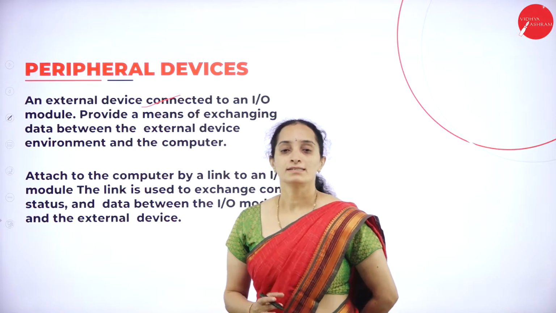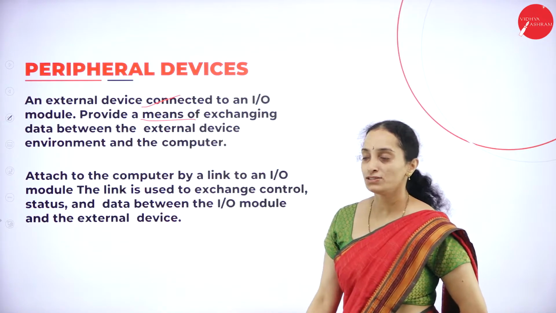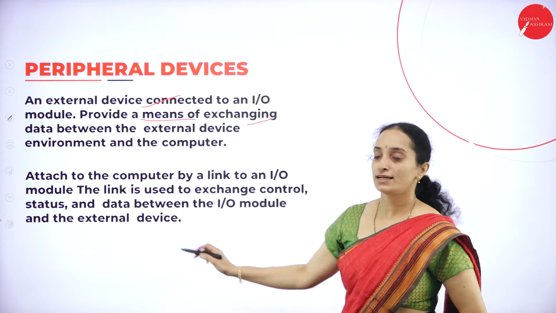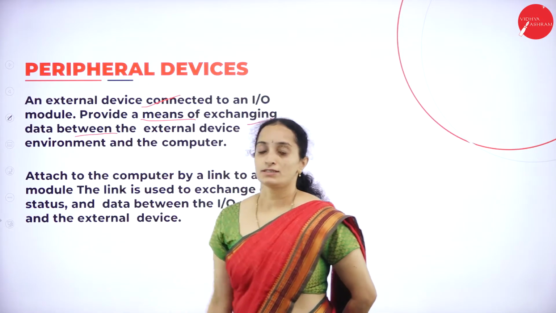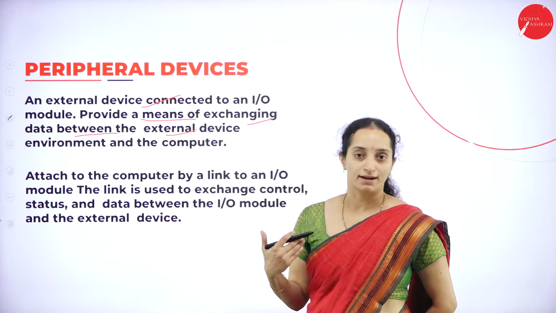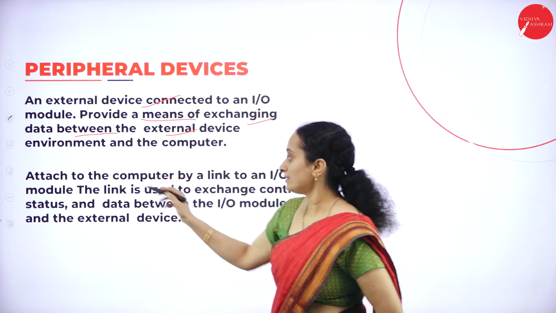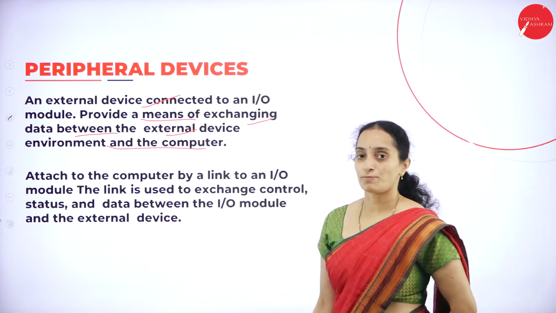What is the task of an external device? It provides a means of exchanging data. It is going to exchange the data between the external device, some other external components, and the computer.